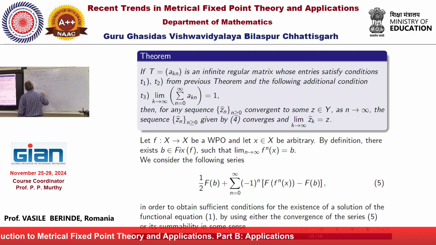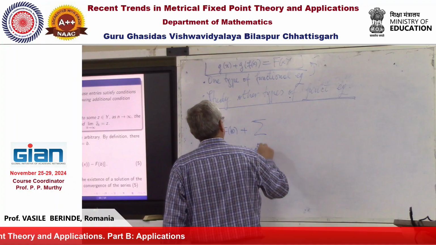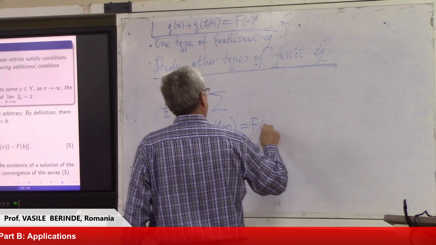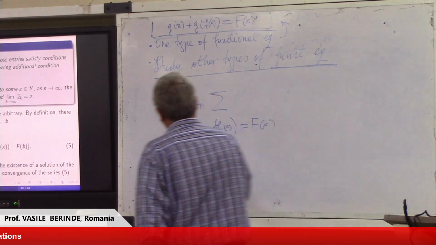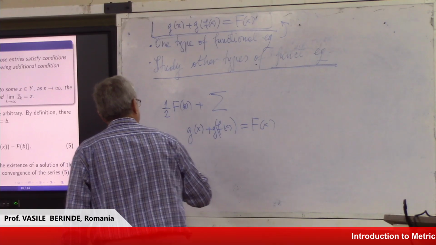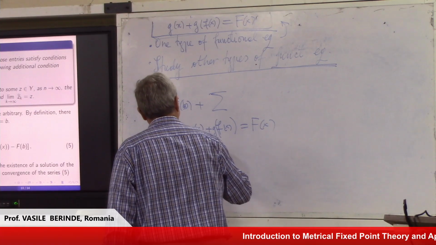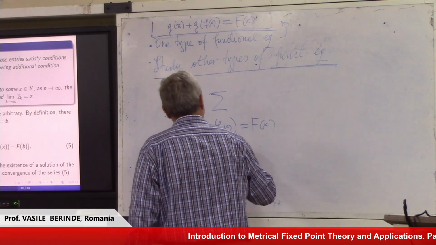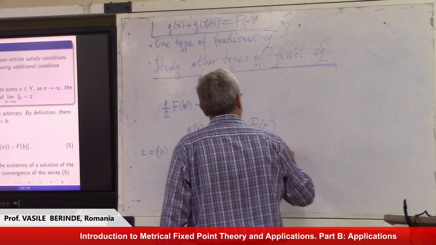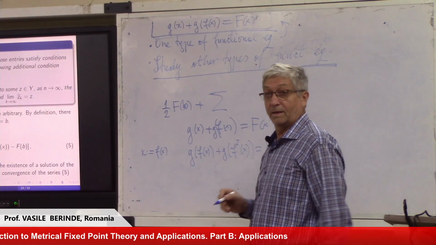A normal approach is to write G of fx. Then we take, instead of x, f of x. Then it will be G f of x plus G f2 of x. Right?